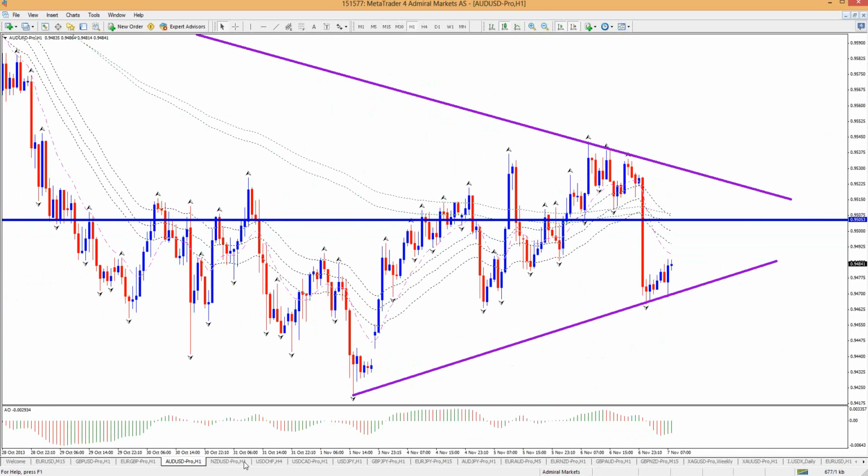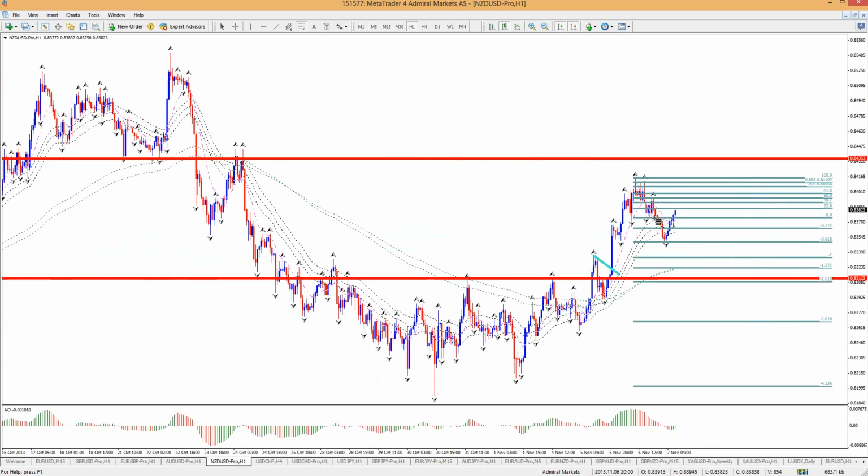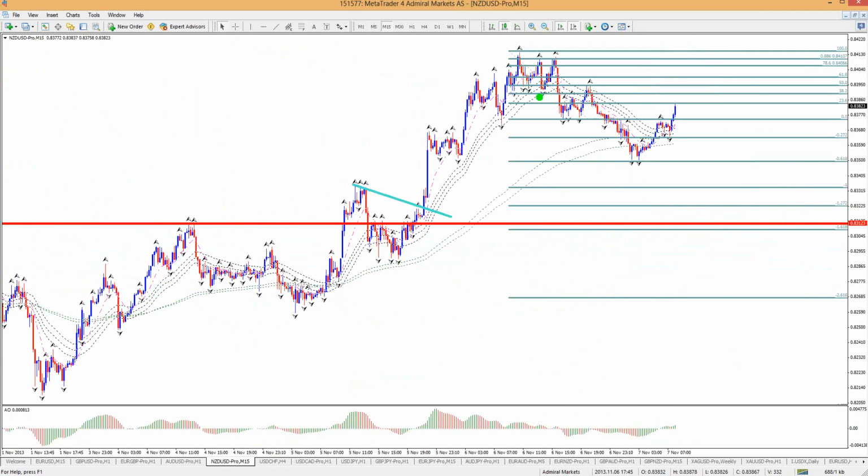Let's take a look at the Kiwi. Maybe that's a bit better. The Kiwi, look at this. This is funny. It went down, corrected back to the 50 fib, and where did it go?